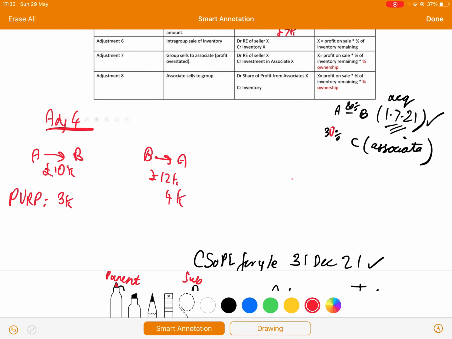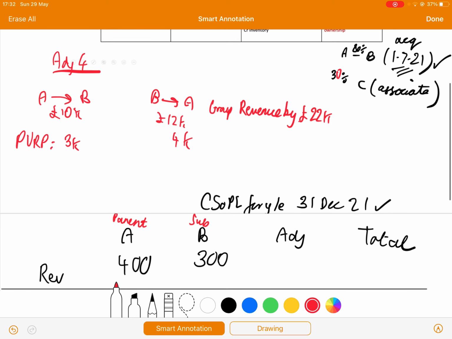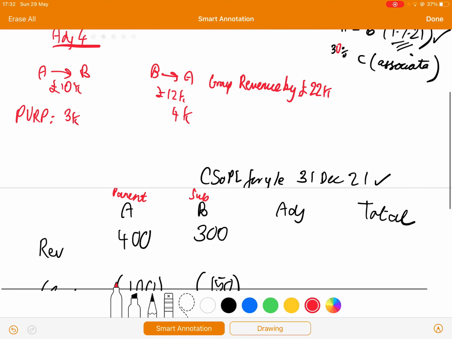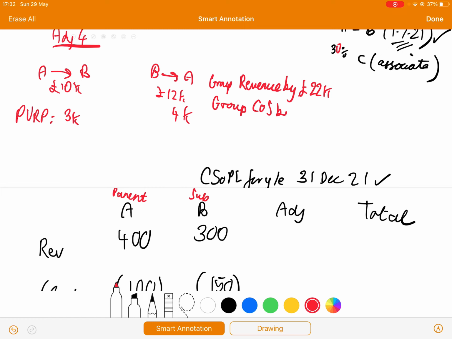Well, firstly, we're overstating group revenue by 22k. So it looks like we're making external revenue sales of 22k through recording these. We're also overstating group cost of sales by 22k.